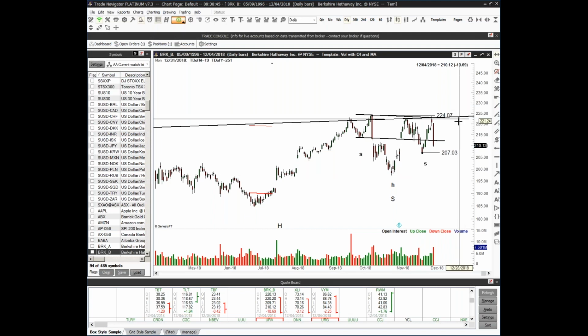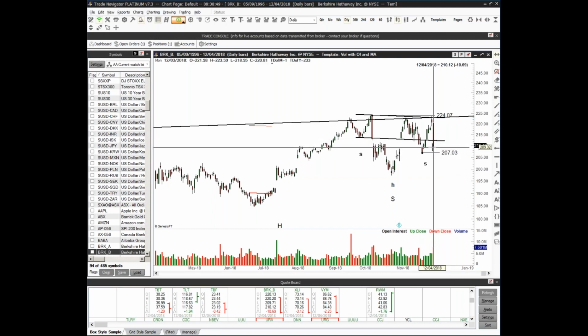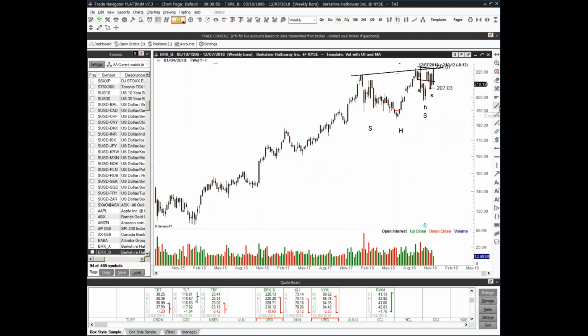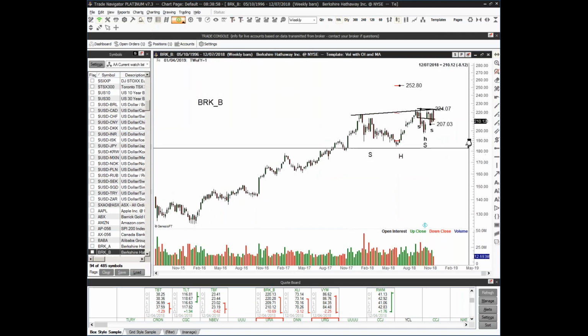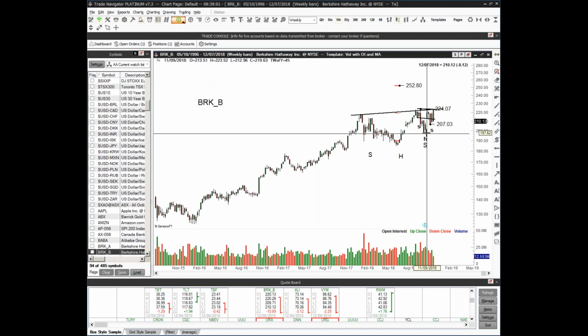But at least prior to yesterday, I thought we were building a continuation head and shoulders. You look at the weekly chart, I think we're doing basically the same thing with an up-slanted neckline. You cannot call this a cup and handle because the decline was too steep. There are criteria on what represents a cup and handle or not, so you can't call it that.